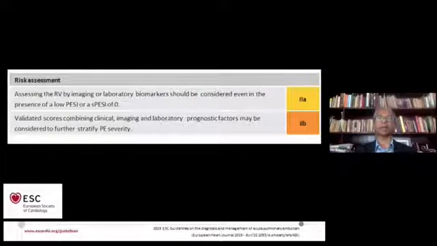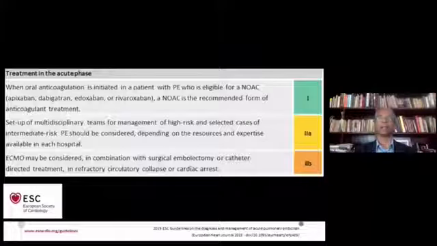Always assess the RV by a combination of imaging and lab biomarkers, even if you have a low PESI score or an sPESI score of 0. Use a validated score, which combines clinical, imaging, and lab prognostic factors, to classify the PE severity.